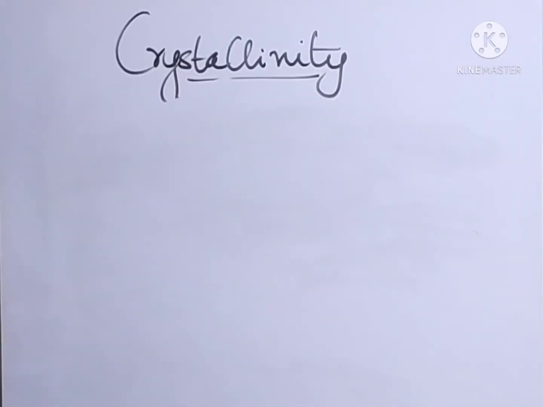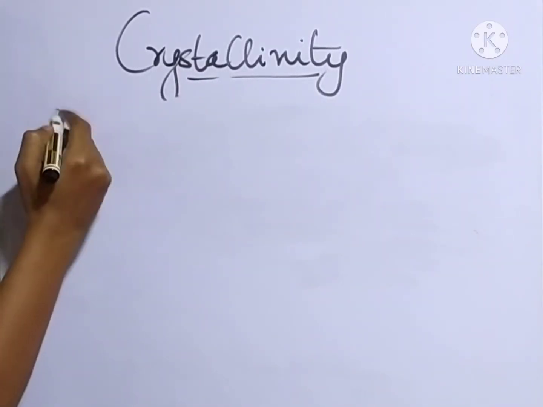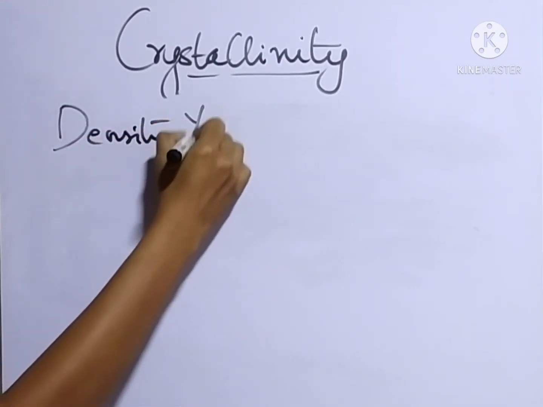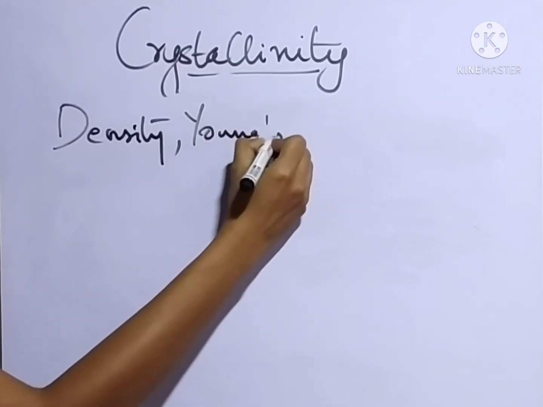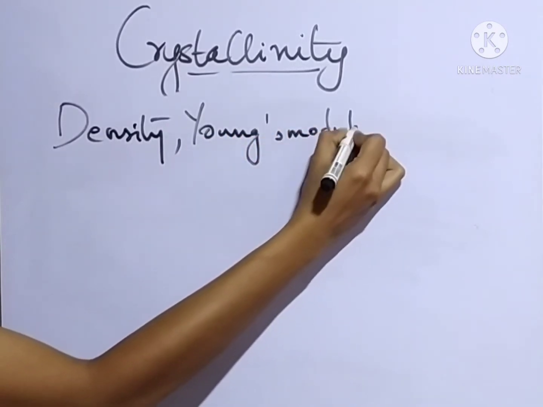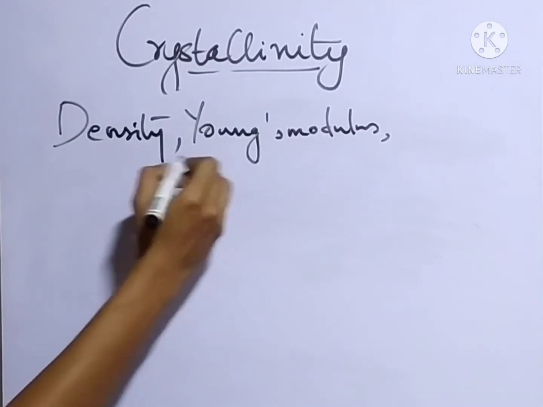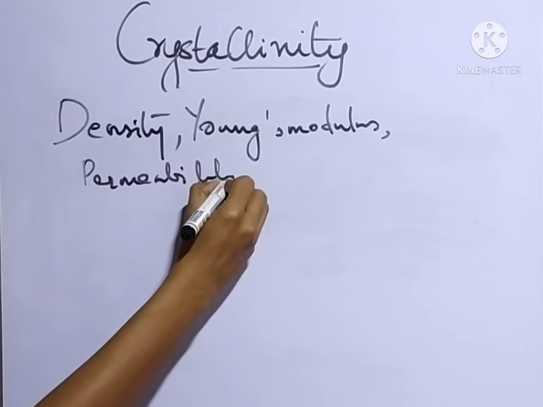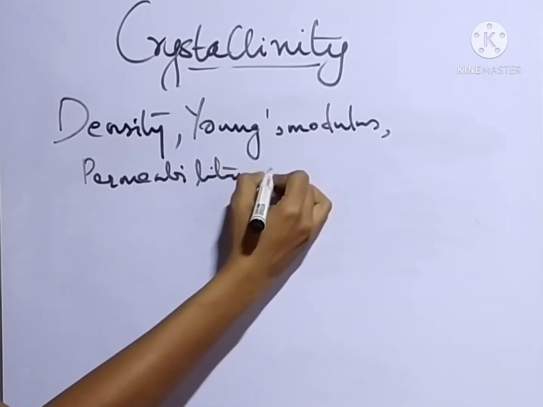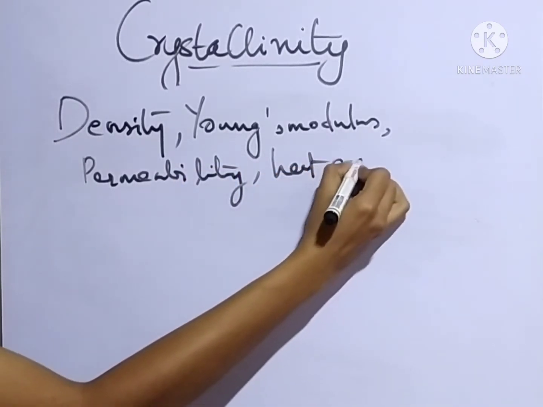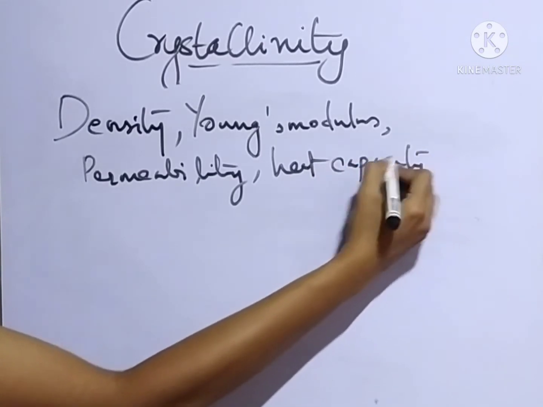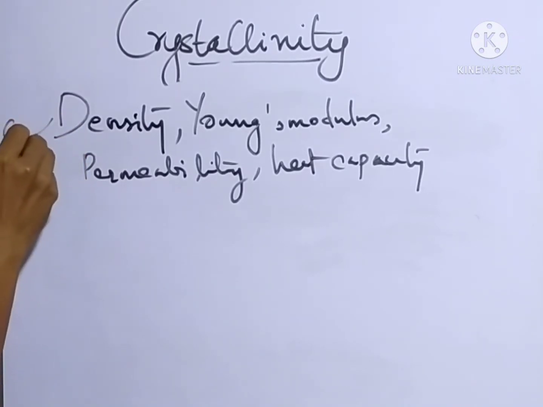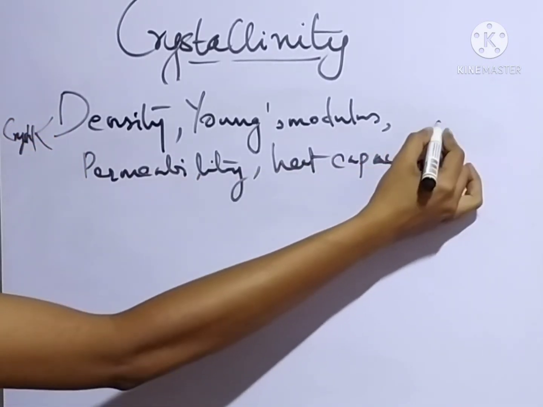So from this we can say the properties like density, Young's modulus, permeability, heat capacity, etc. lie between crystals and the amorphous substance.